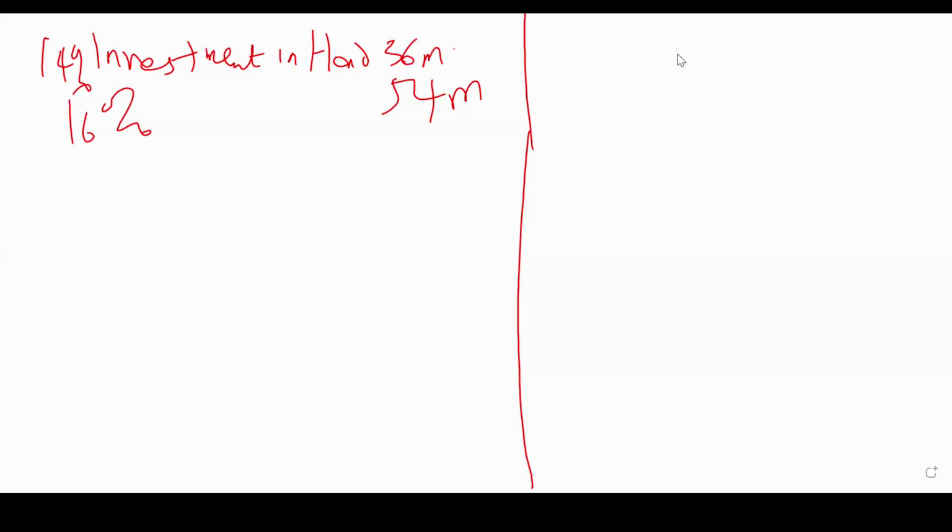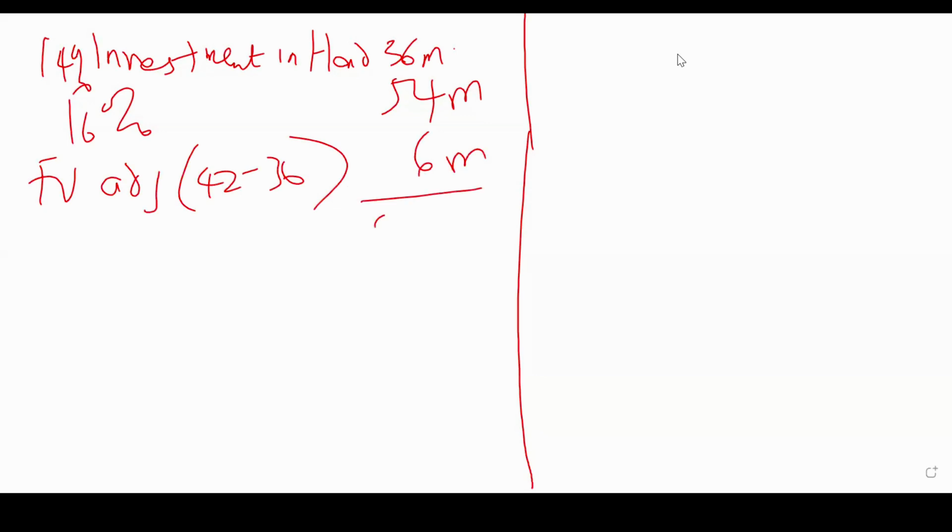So I can say fair value adjustment here. 42 minus 36, that's additional 6 million. This is how they got 96 million. Is this clear to us?